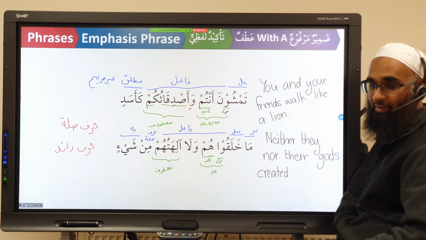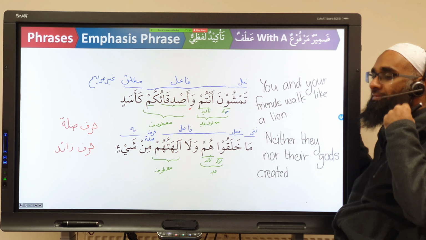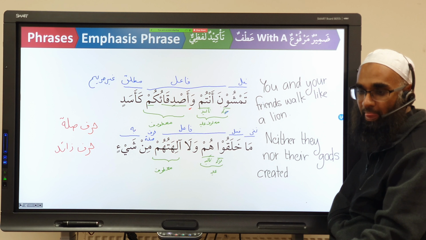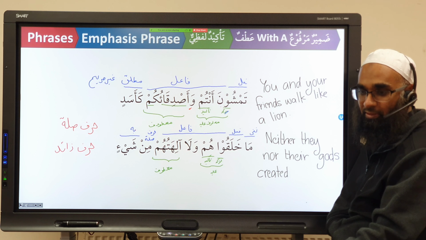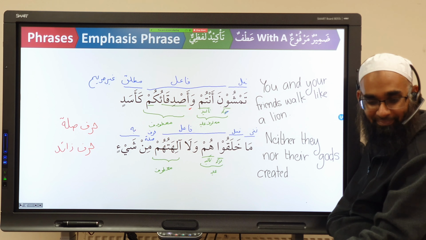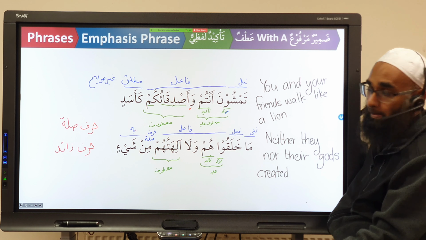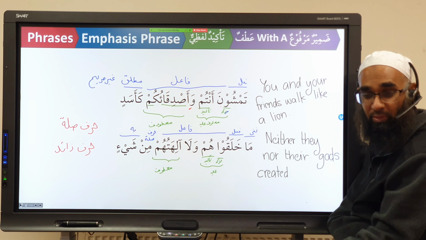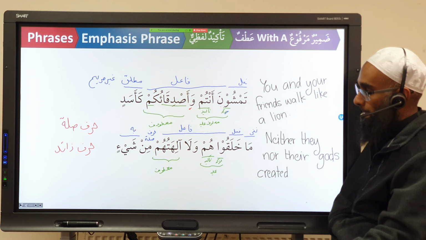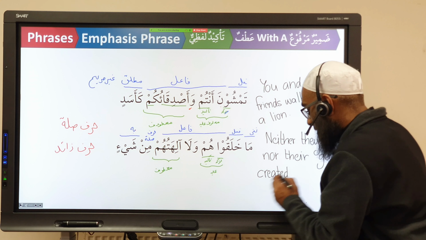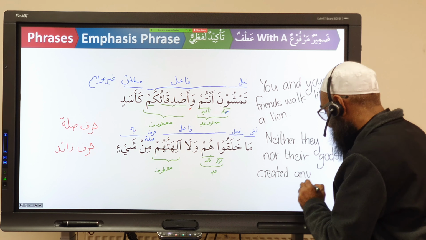Pardon me, what do you say? Astaghfirullah. You can't translate min as from, can you? This min is not for that. What is this min for? Is it for from or for emphasis? Exactly, you don't translate it, you say any.